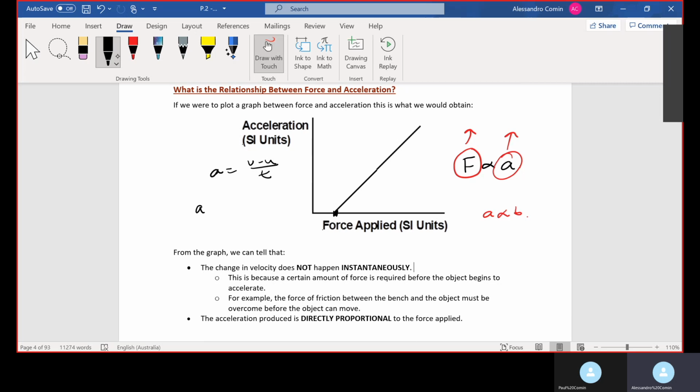I set M equal to 1 kilogram, because that made things very easy. We had a nice straight line. But all I'm trying to say is that the mass is constant.